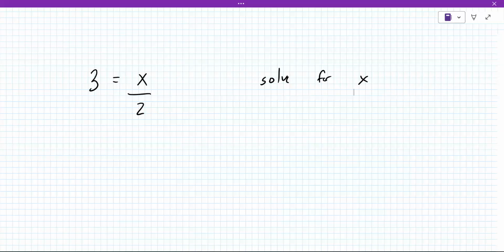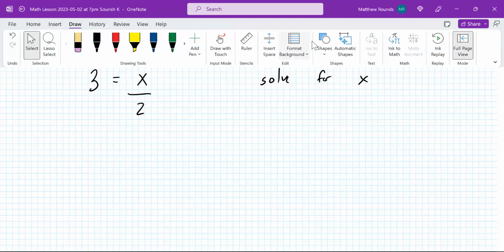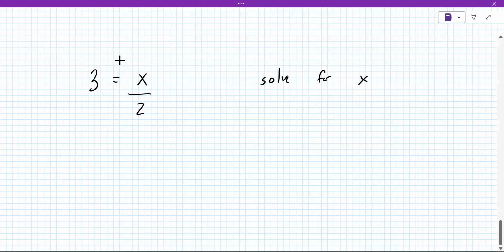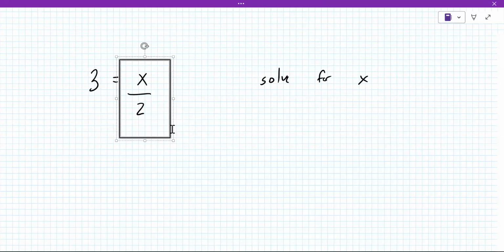All right, now we can get back. Okay, so take a look at this equation here. How do you solve for x? How do you undo what's on the right-hand side? Look at the side with x. What is the 2? What's the math operation with the 2?